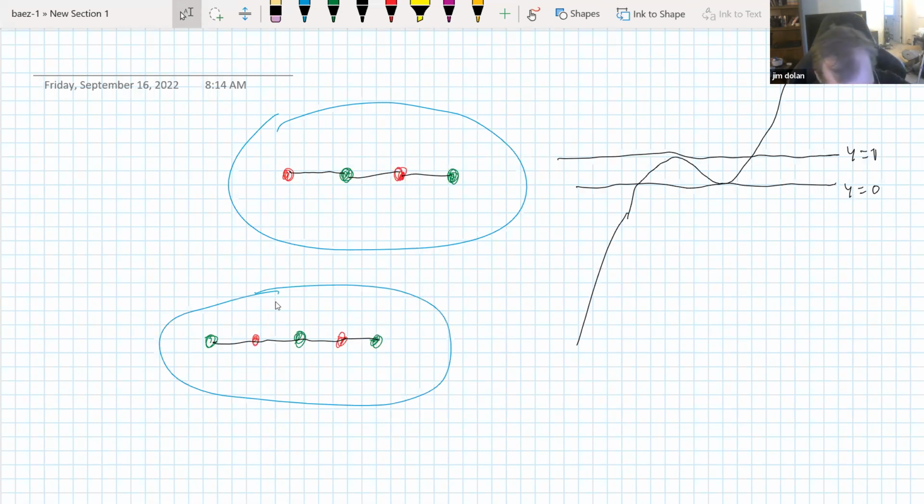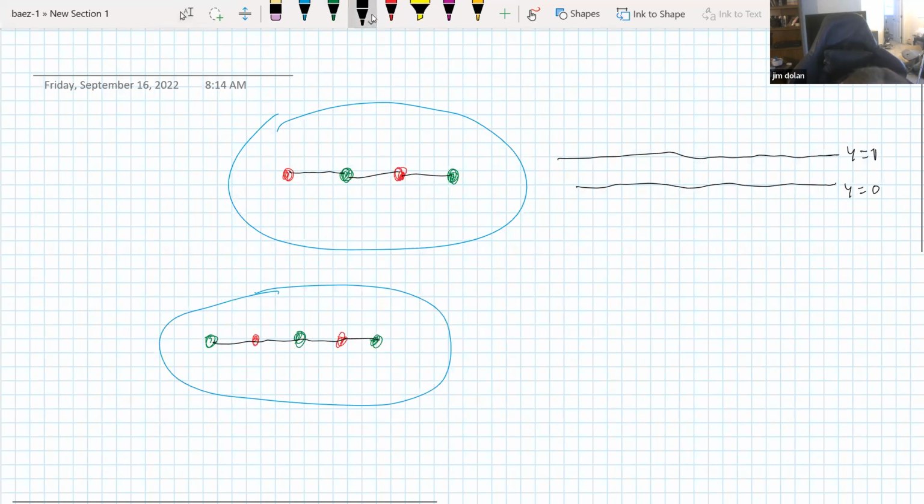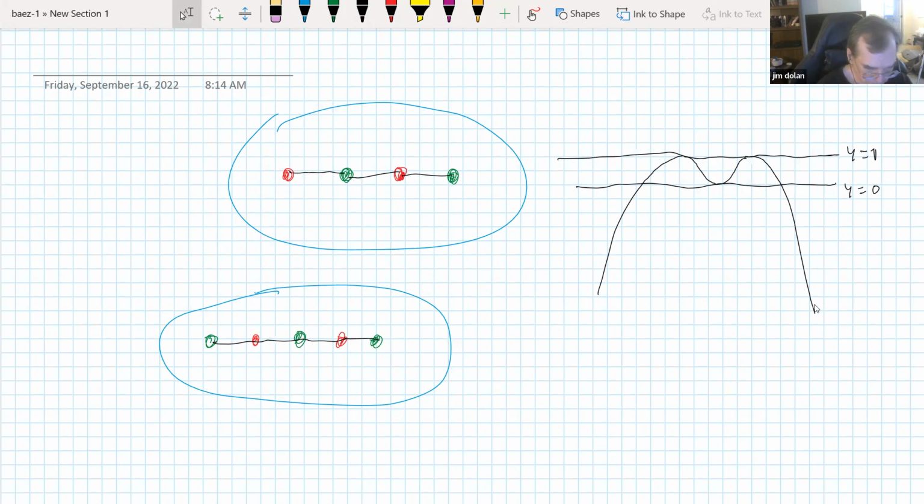It would end up looking like this: it's hitting 0 over here, and then it's hitting 1 up there, and it's coming back down to 0, and going back up to 1, and going back down like that. Evidently that's what this quartic Chebyshev polynomial should look like.